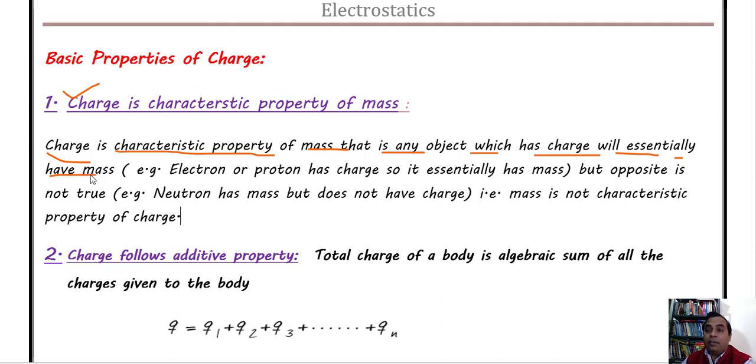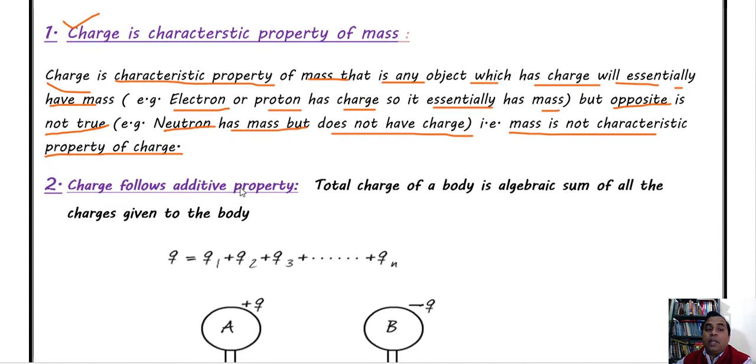Charge is a guarantee of having mass. Like electrons and protons have charge, so essentially they have mass, but the opposite is not true. Neutrons have mass, but they do not carry any charge. That's what I mean by mass is not a characteristic property of charge. So it is the first property of charge.